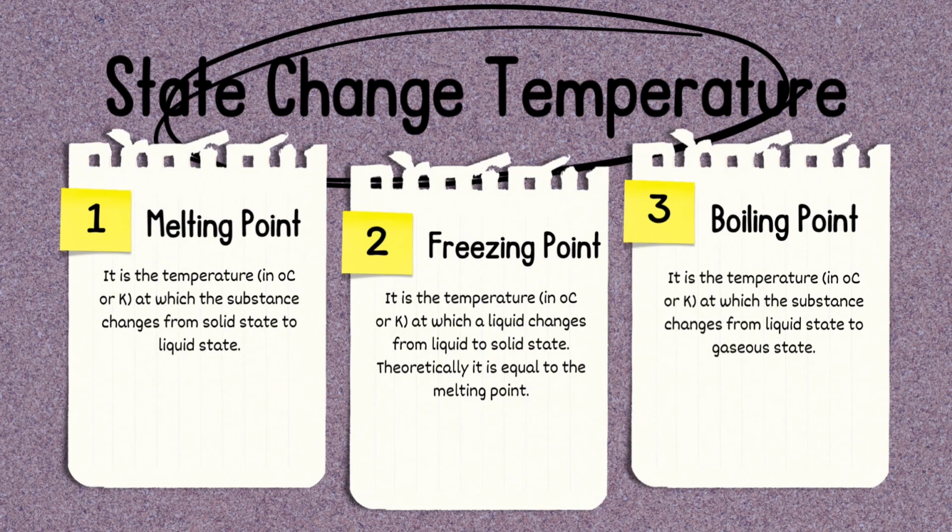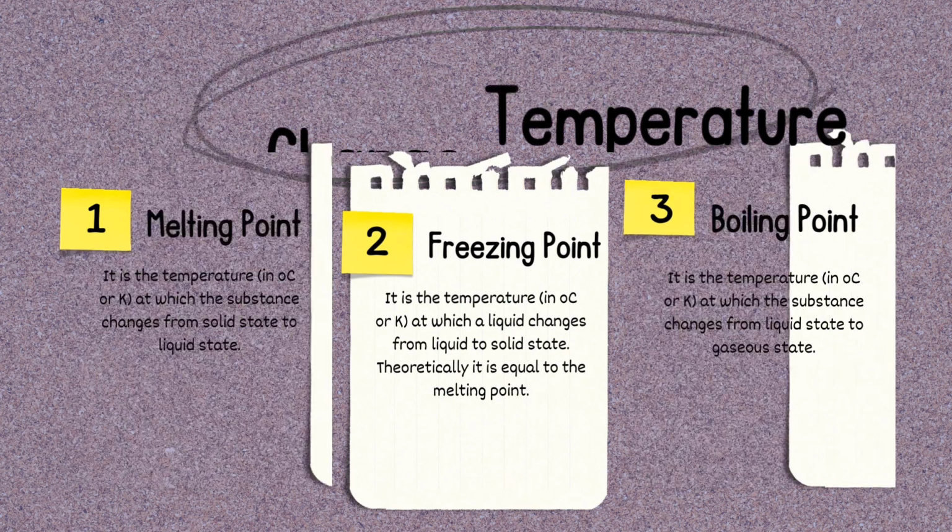Melting point is the temperature at which the substance changes from solid state to liquid state. Freezing point is the temperature at which a liquid changes to solid state. Theoretically, it is equal to the melting point. Boiling point is the temperature at which the substance changes from liquid state to gaseous state.